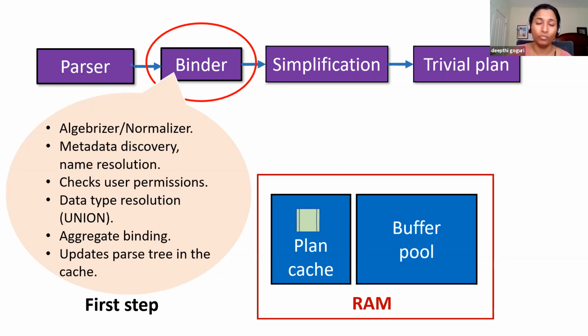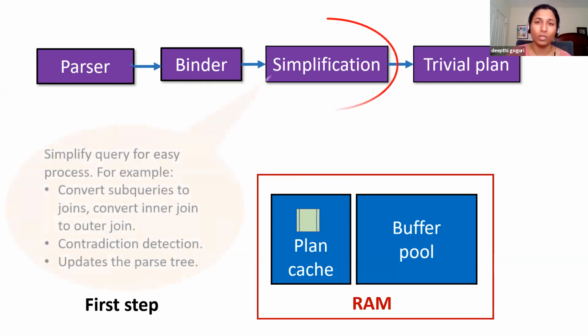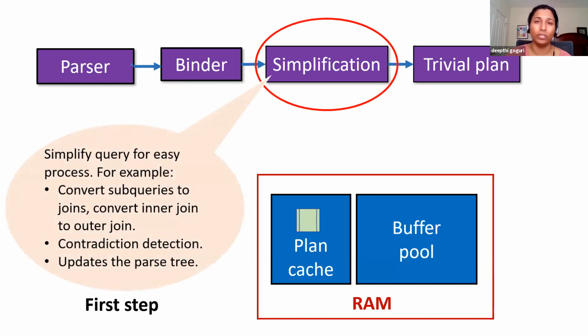Now with all this information, the binder component will go ahead and update the parse tree inside the plan cache. And then our query will go to the simplification component. Simplification component itself says it will simplify something. So simplification will go ahead and simplify our query.